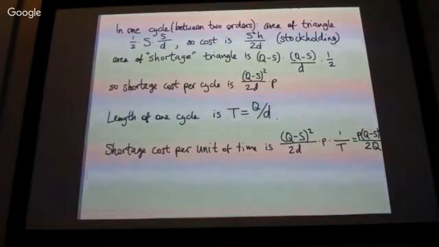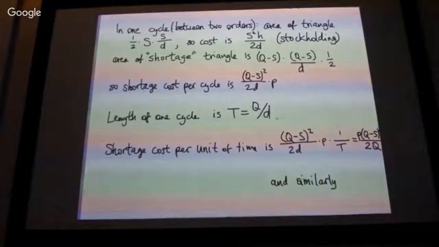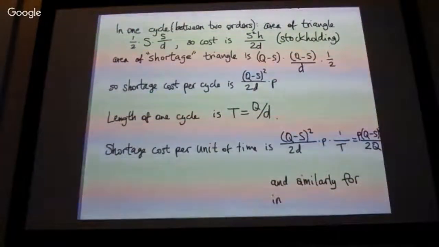Why don't I just do that? You'd have space to write the equals. And similarly for inventory cost. Why don't I just start earlier? So is that P times Q minus S squared?